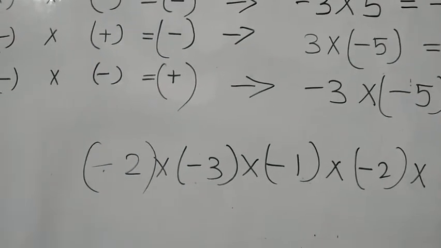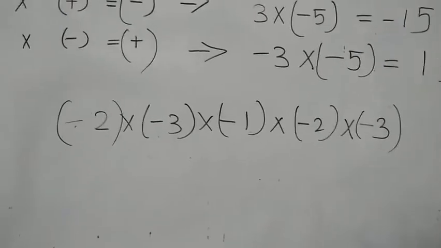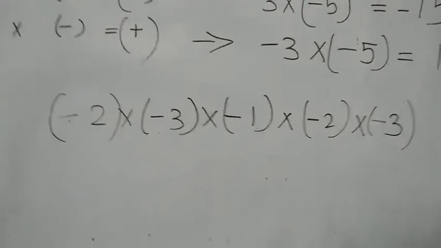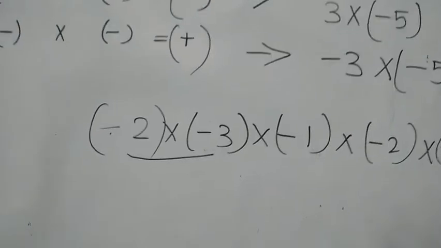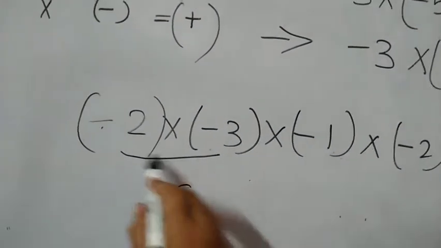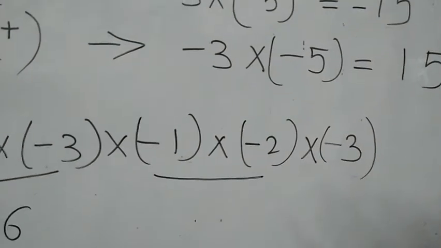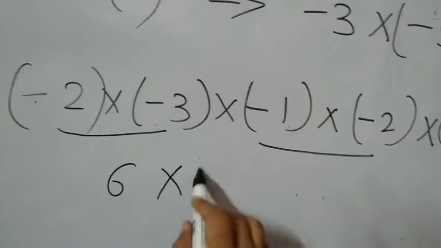Now let's check and solve it. So first of all, we will solve this for the minus case, means there are 5 numbers which are negative. Okay, so minus 2 into minus 3, 2 into 3, 6, and minus will be plus. Minus 1 and minus 2, minus will be plus, and 2 ones are 2, so it is 2.